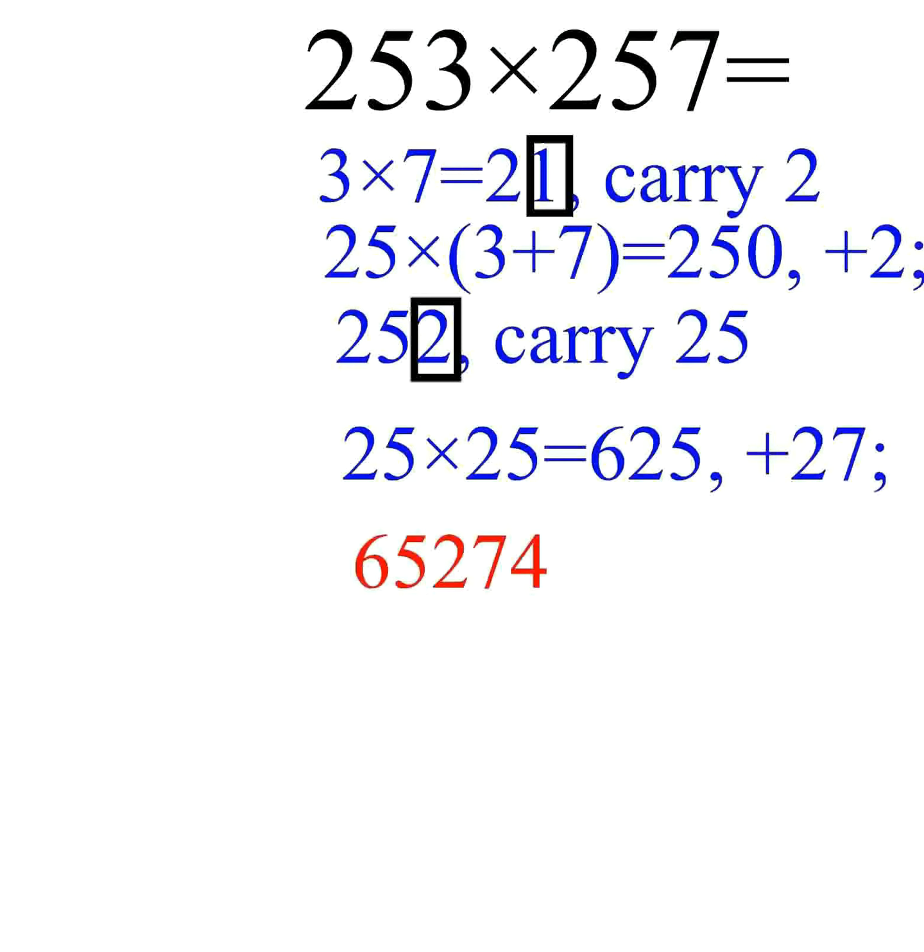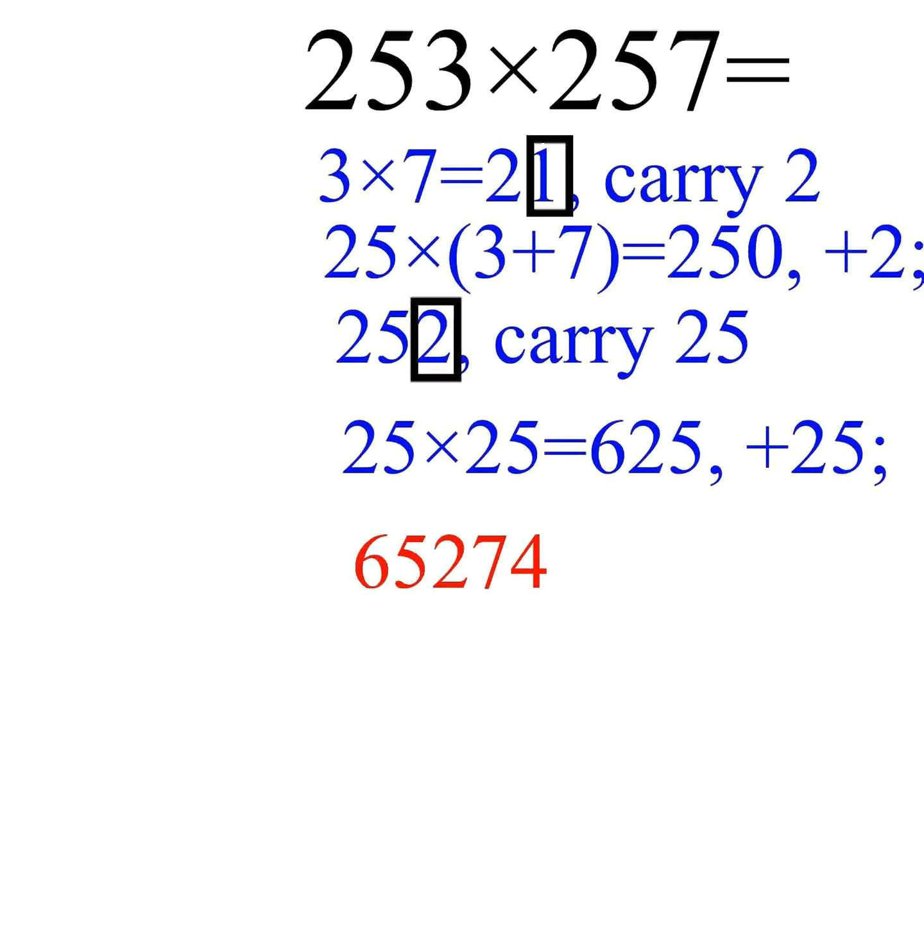Now, in the last step, we have to multiply 25 into itself, but then we should add 25 instead of 27. So 625 plus 25 would be 650. And we write it down here, and we write down 21 above in front of it.